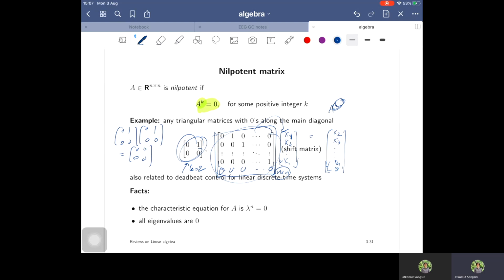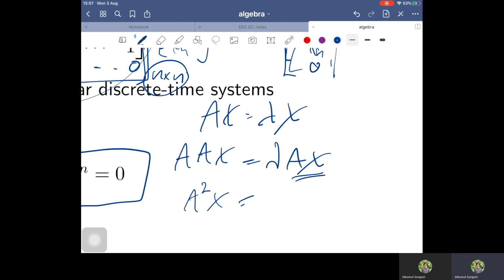will be shown when we discuss the deadbeat control in linear systems. It's very simple. The characteristic equation of a nilpotent matrix is lambda to the n equals 0, because again Ax equals lambda x. If we multiply A on both sides, you get A squared x equals lambda squared x.